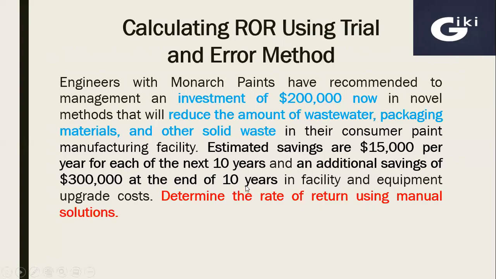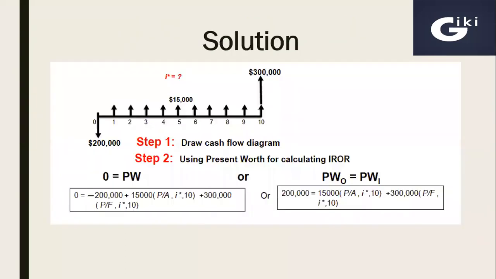So an additional or one-time saving will be at the end of the 10th year. On the basis of this information, we need to determine the rate of return using manual solutions. So here, first of all, we have drawn the cash flow.